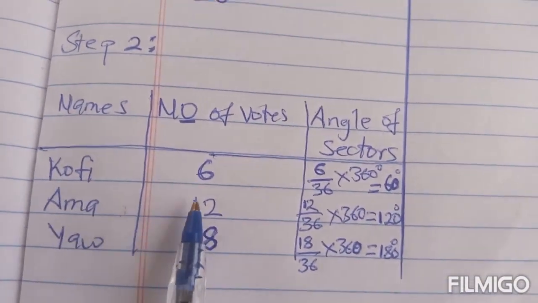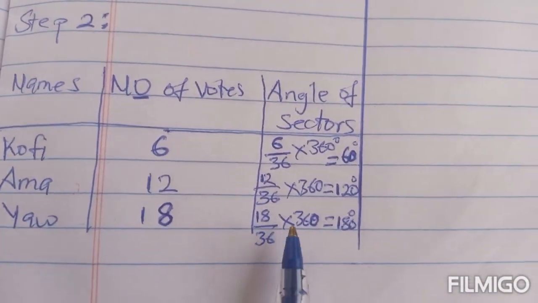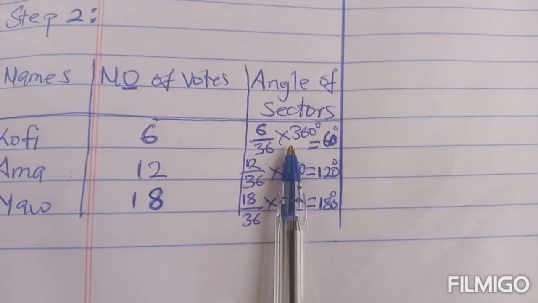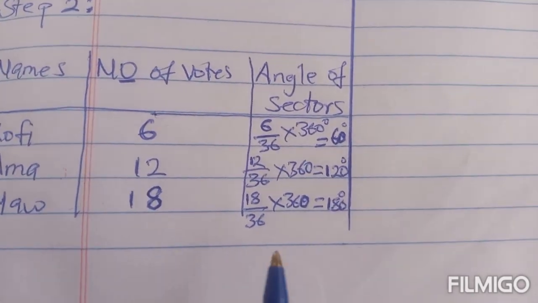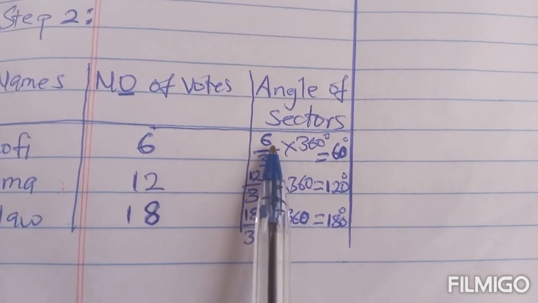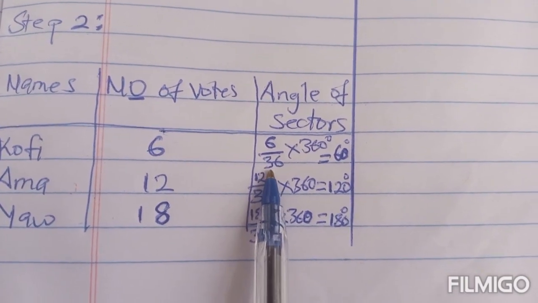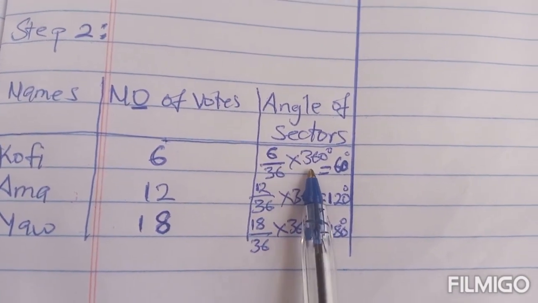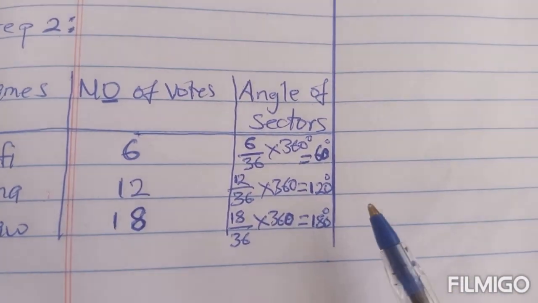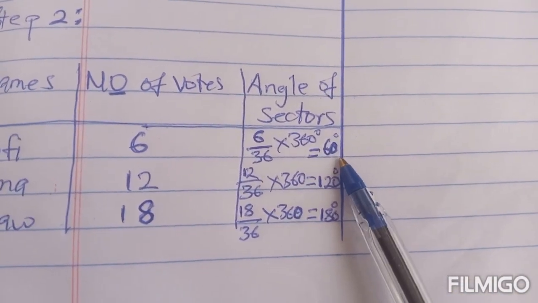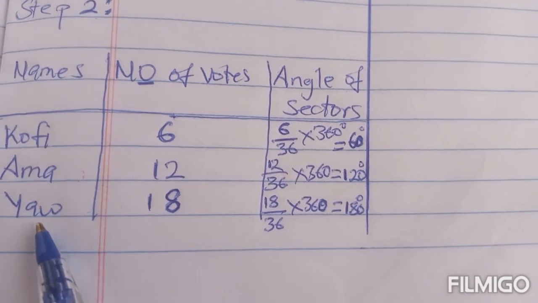So we have Kofi is having 6 votes. Let's see how you calculate the angle of sector. Kofi 6, the total number of votes is 36, so you multiply by 360. After everything, we get 60 degrees. Let's move on to Ama.